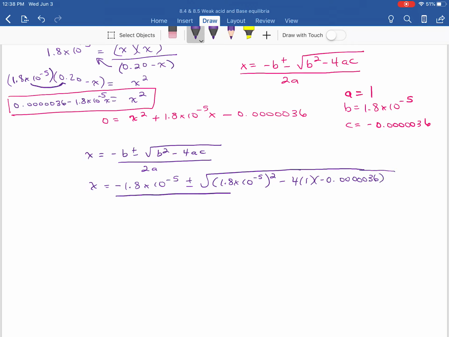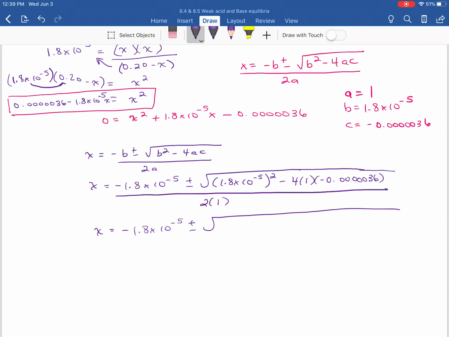Oh, can't forget that. How many times in my math career did I forget the denominator? That sucks. I'm just going to spell it out because that's just the way I do life. So let's square this.